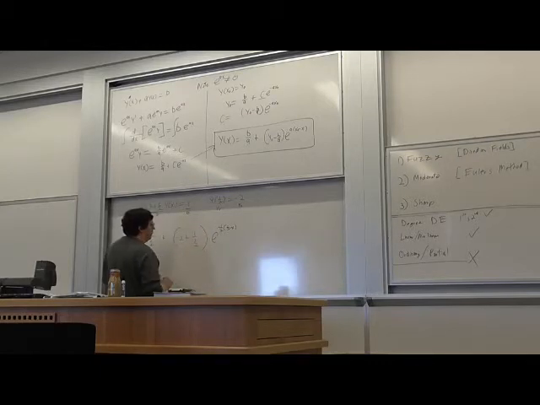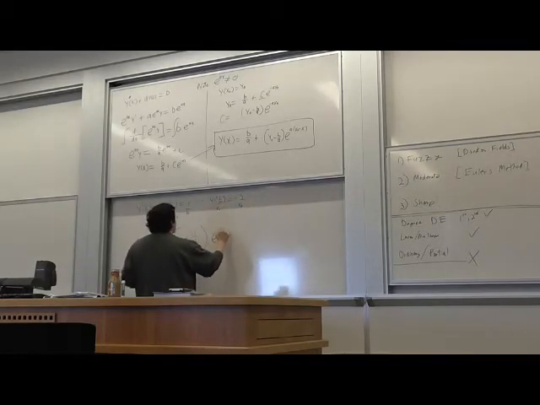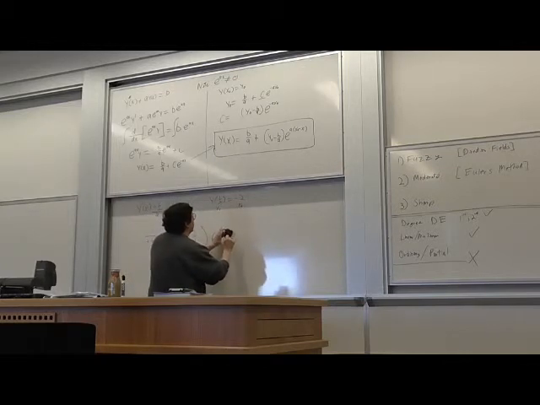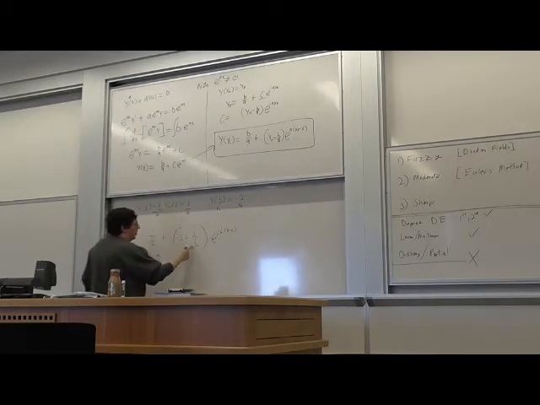Or you could do minus negative, and then this becomes a is negative 1/2, x naught, 1/2, which is 1/2 minus x. Okay. So this is 2 plus.